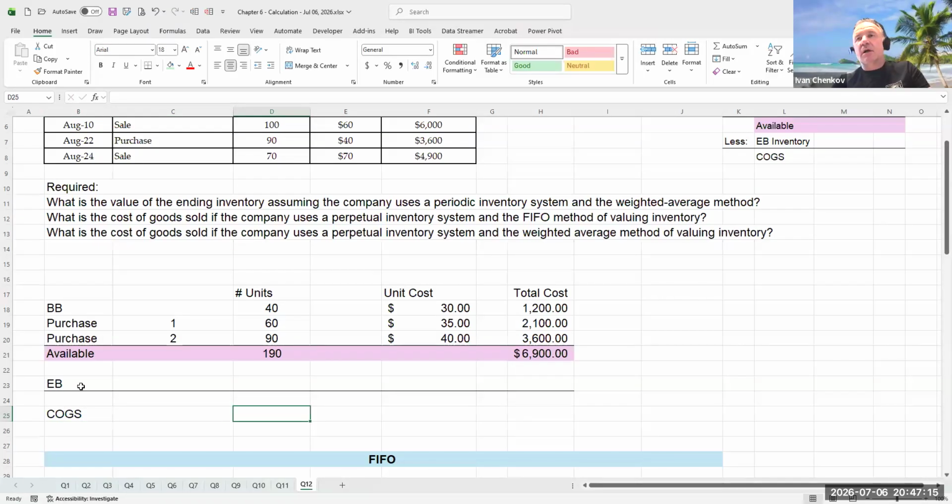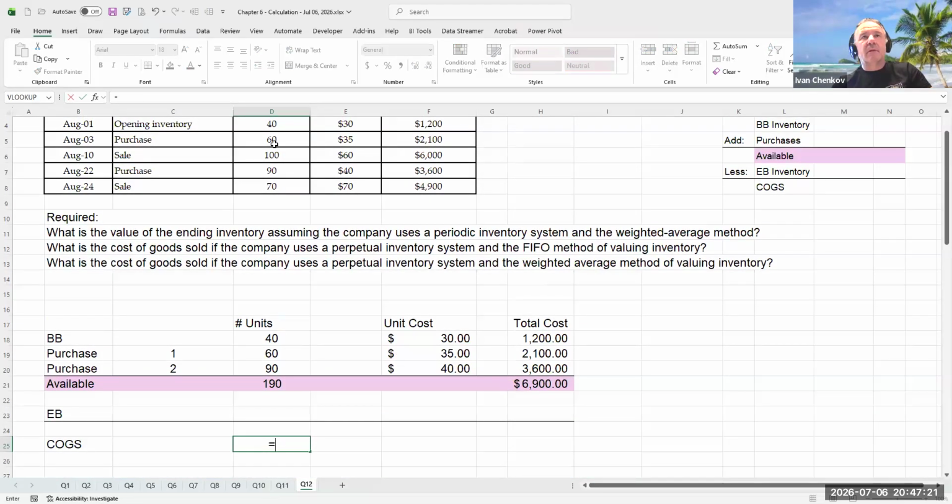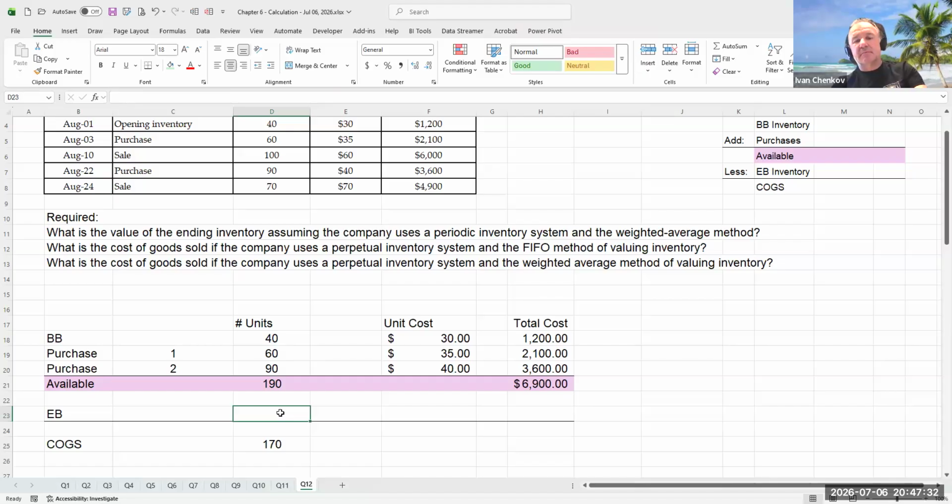For the cost of goods sold, how many units we sold? We sold 100 plus 70. We had 170. How much is our ending balance? 20.